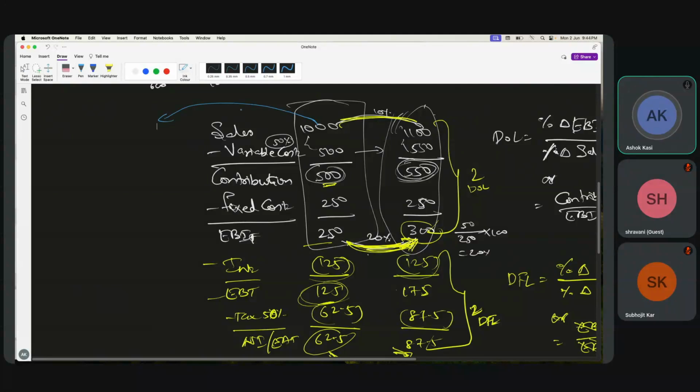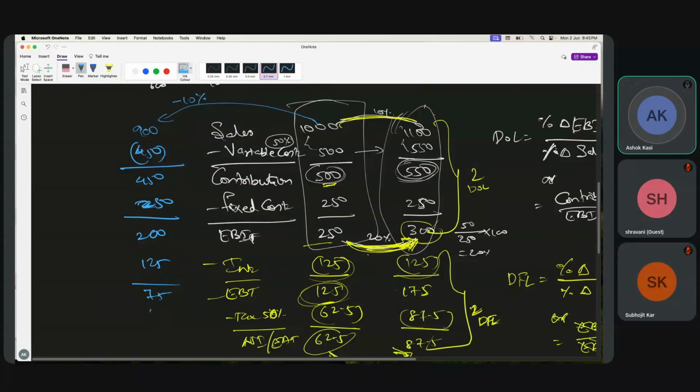Imagine sales coming down by 10 percent. This will become 900. Then variable cost is 50 percent, 450. Then contribution will be 450. Fixed cost will still remain fixed, and EBIT will become 200. Then interest will be 125, you still have to pay, and earnings before tax will be 175.